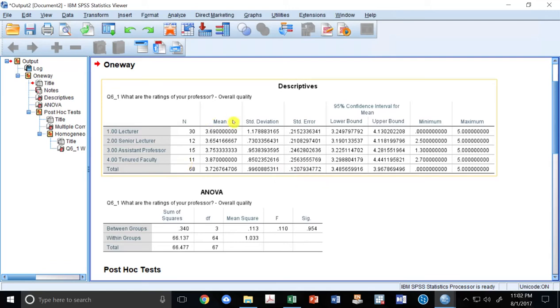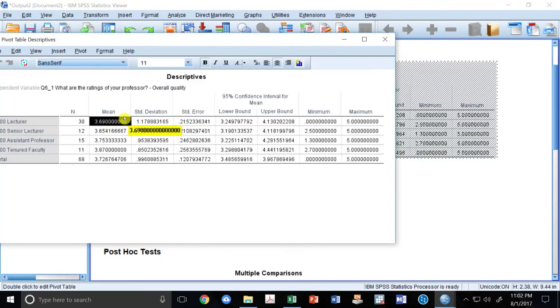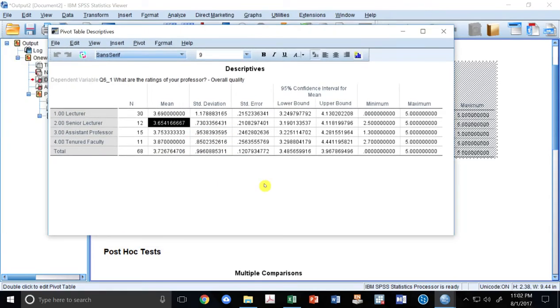So we have our mean here for each group. I just double-clicked on that. We have our mean for lecturers, level of ranking, senior lecturer, assistant professor, and tenured faculty. And just by looking at this, we can see that tenured faculty have higher ratings overall.